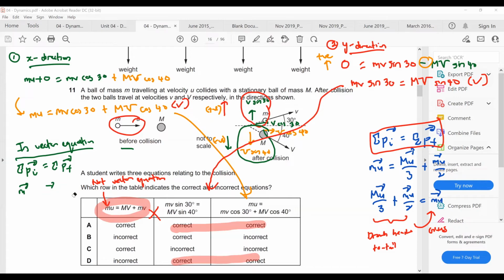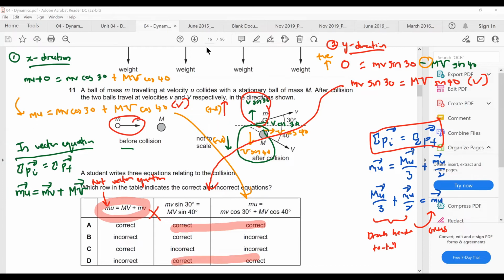Let me write it out properly for you. This one will just be mu equals to mv plus capital M, this.